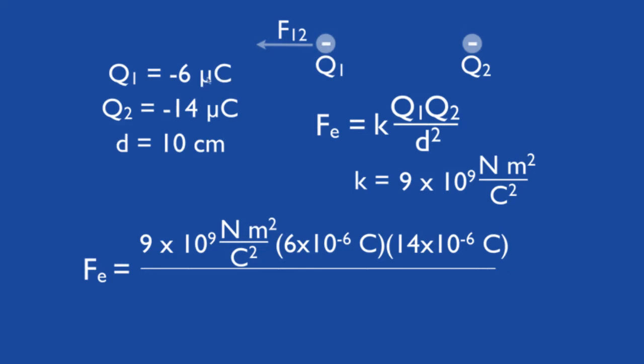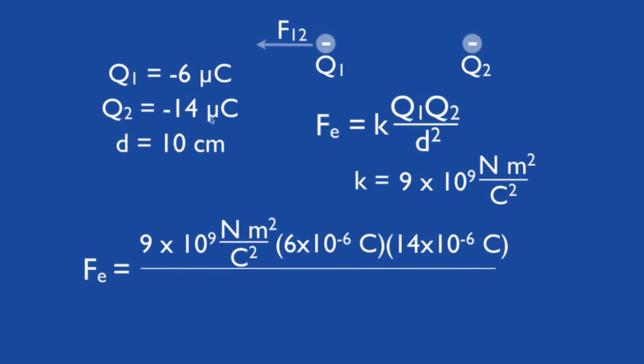Now you will notice that the charges are in microcoulombs, so we have to convert both into coulombs because our constant is in coulombs. Easy to do. 6 microcoulombs is just 6 times 10 to the minus 6. 14 microcoulombs is just 14 times 10 to the minus 6.